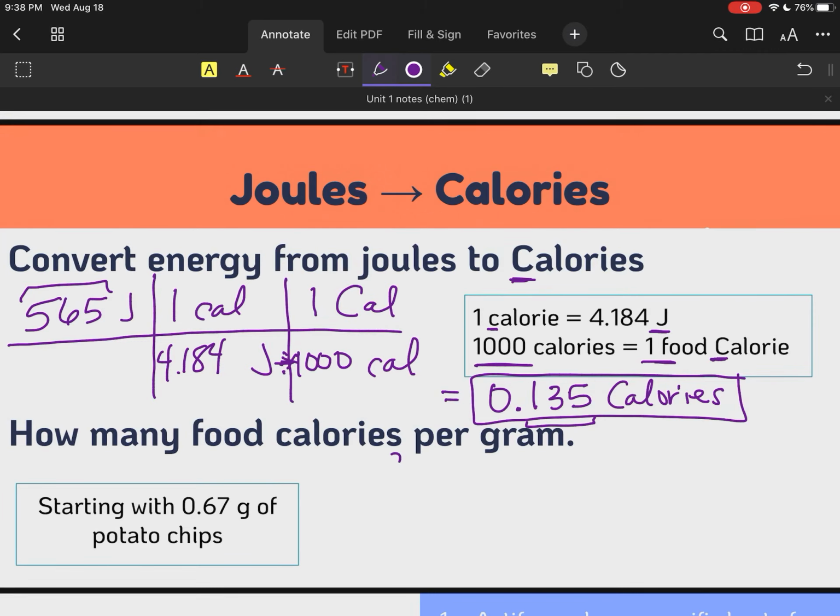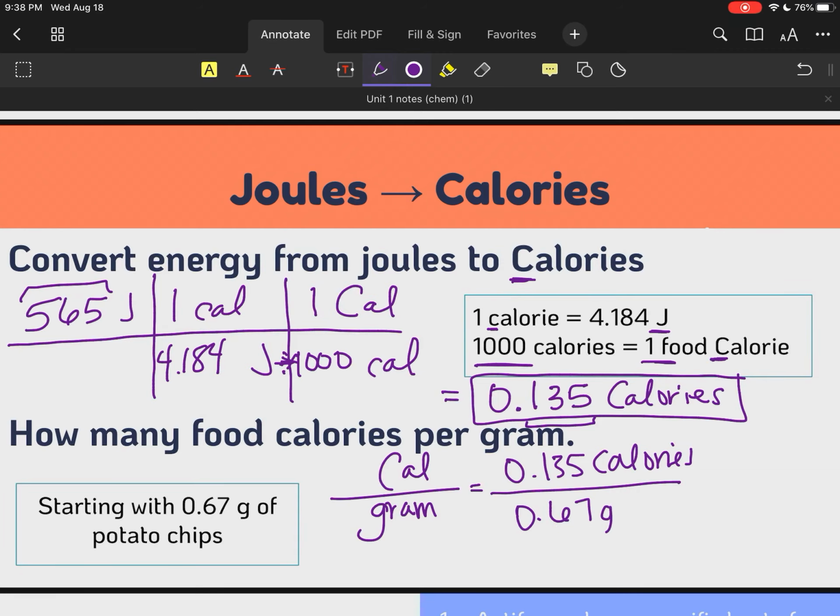So if I want to do this, what I really want to know is calories per gram. So I'm just going to set it up. 0.135 calories over 0.67 grams.